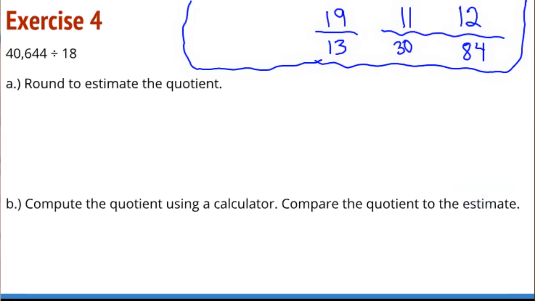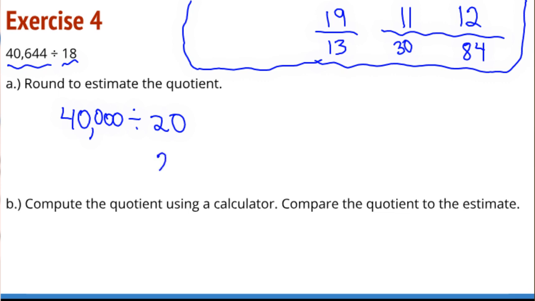All right, looking at exercise 4, we are going to round to estimate the quotient. 18, I will round to be 20. And it would just make sense to take 40,644 and make it 40,000.